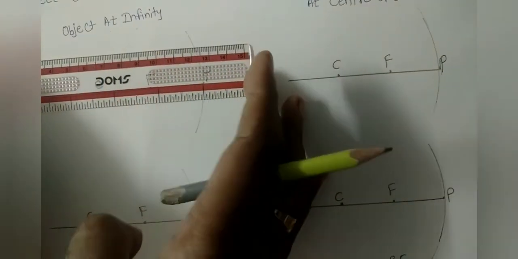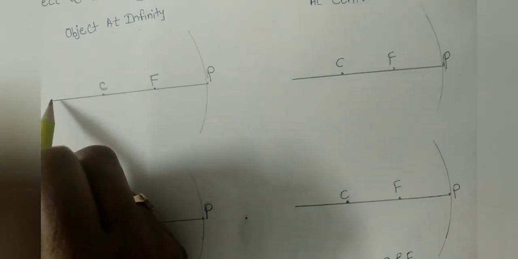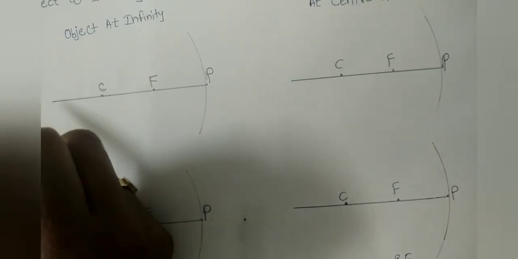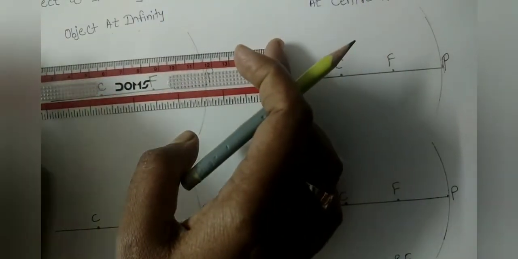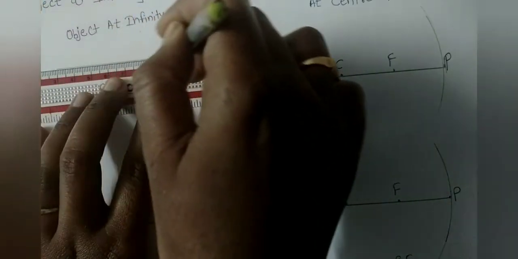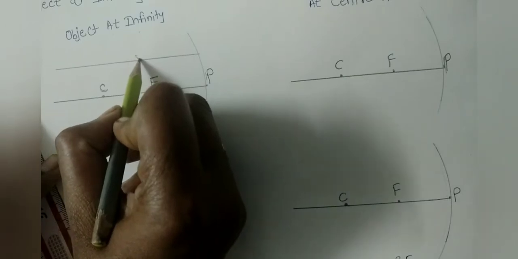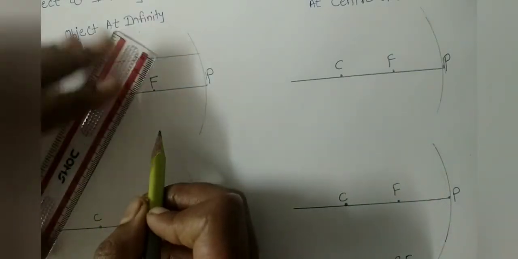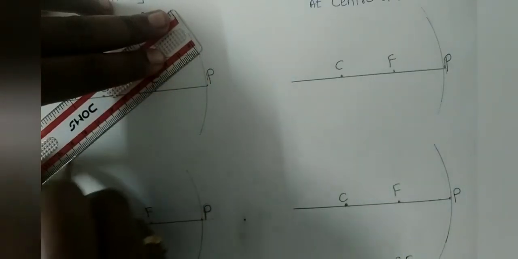So first case is what? When object is at infinity. So consider the object is at infinity and the rays coming from that object are parallel to the principal axis. And as we know, according to rule, when a ray is parallel to the principal axis, after reflection it passes from the focus.